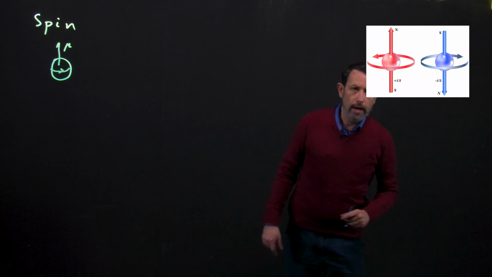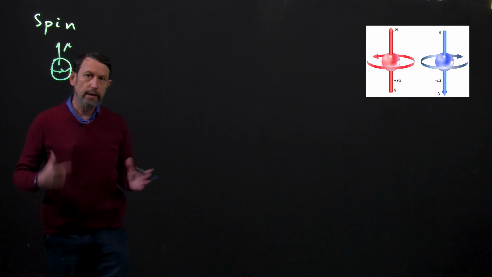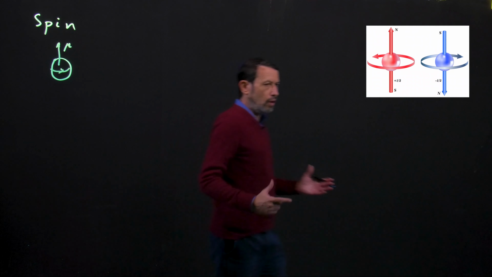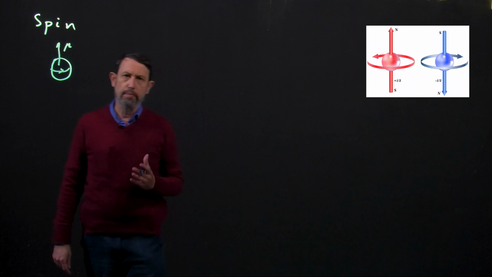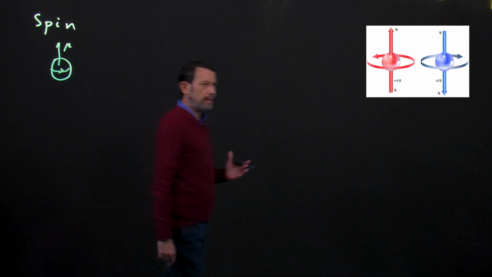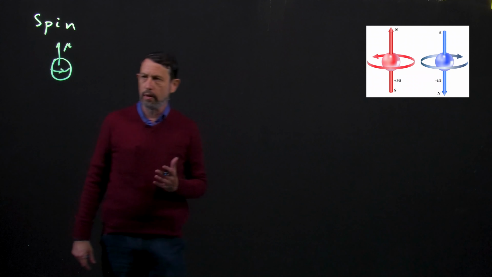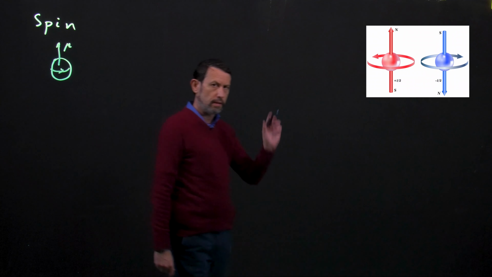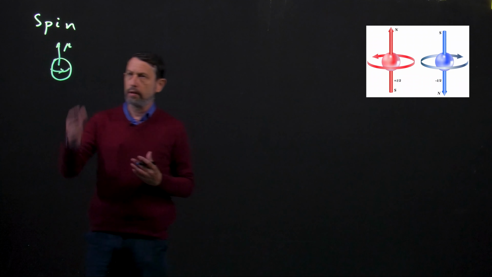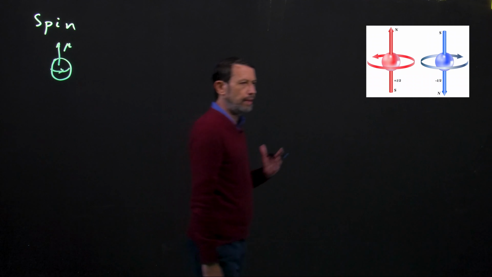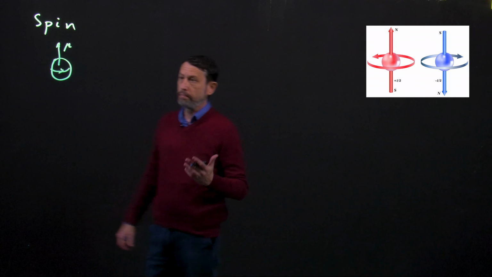A very nice name. Unfortunately, this explanation is completely wrong. Why is it wrong? We know nowadays that electrons are extremely small, perhaps even point particles. And the fact that the radius is so small, if not zero, means that if we spin it, the angular velocity needed to create this magnetic moment would be larger than the speed of light.